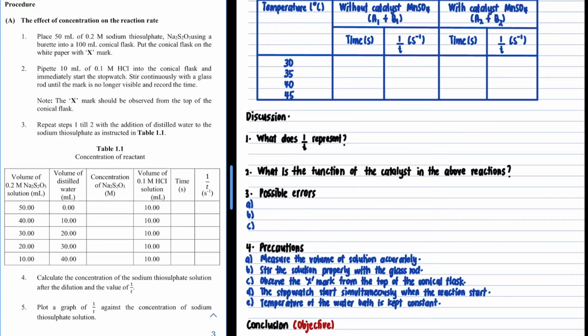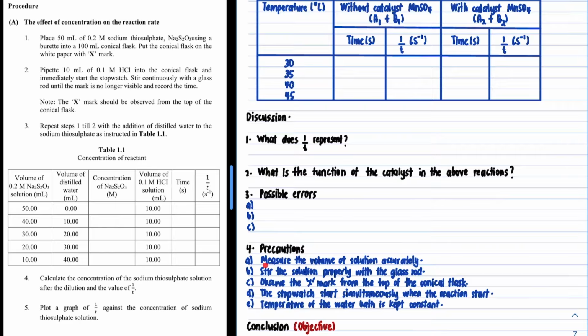In Part A, we have the measurement of our sodium thiosulfate into the burette, as well as the measurement of 10 ml of HCl into our pipette. So for the precaution here, I write down that we have to measure the volume of solution accurately.